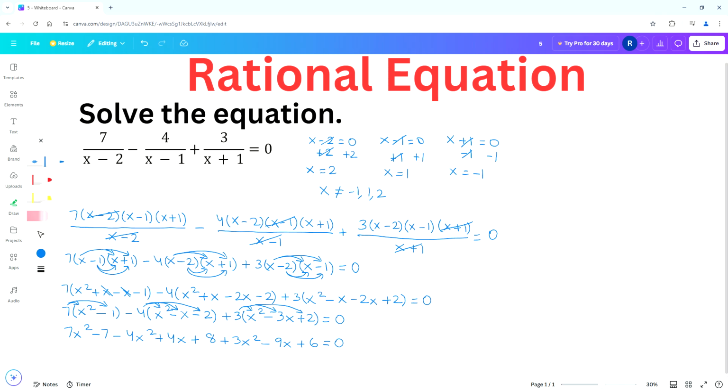Let's start with the x squared terms. 7x squared minus 4x squared plus 3x squared is equal to 6x squared. Now we can combine the x terms. 4x minus 9x is equal to negative 5x. Now we can combine the number terms. Negative 7 plus 8 plus 6 is equal to plus 7.